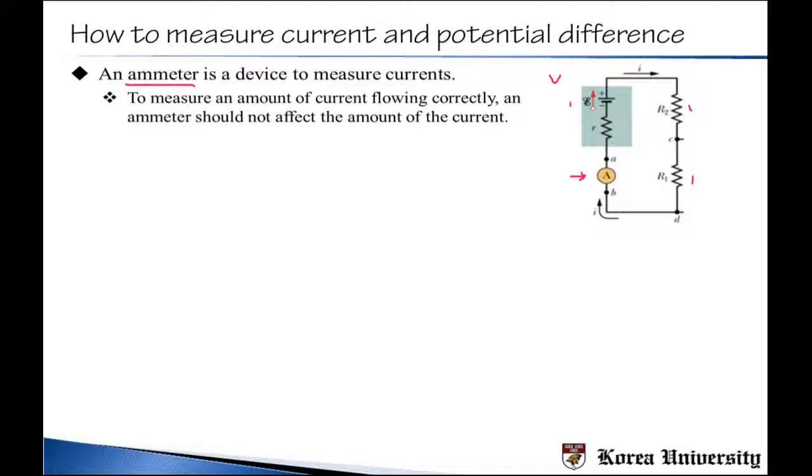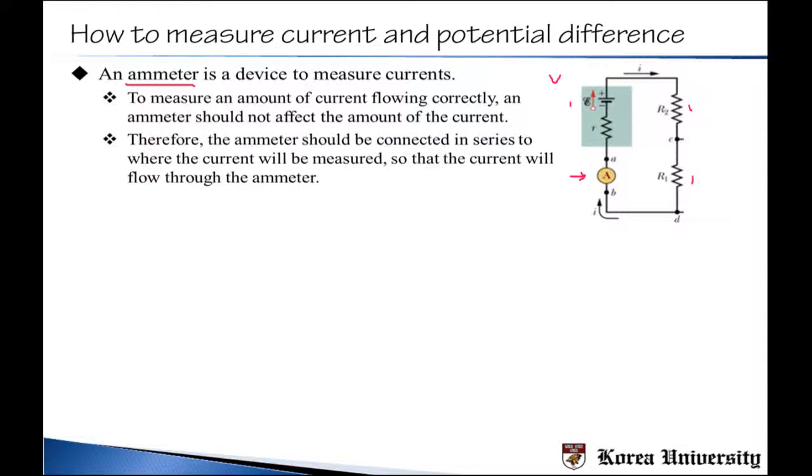Therefore, the important thing is that this ammeter should be connected in series to the part where the current will be measured. Why? If you make the connection in parallel, then the current will split into different branches. So effectively the amount of current may change, right?